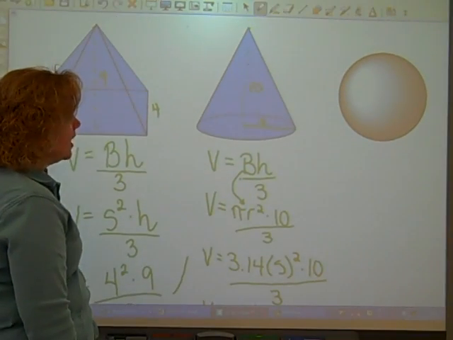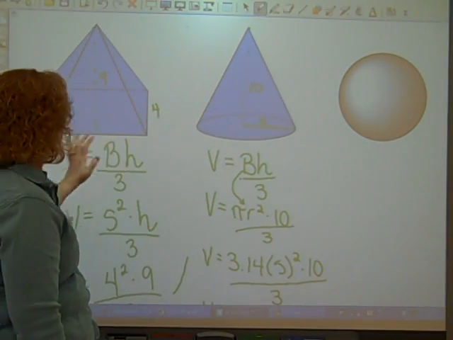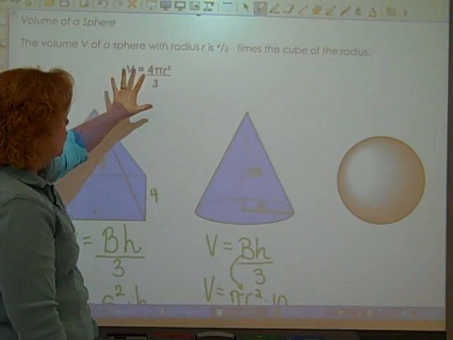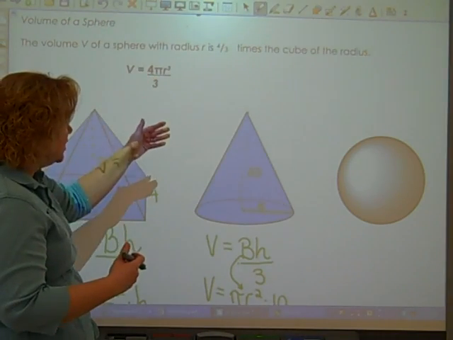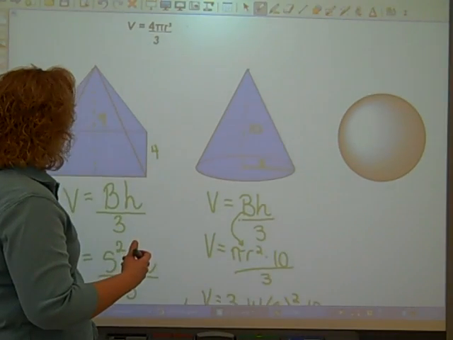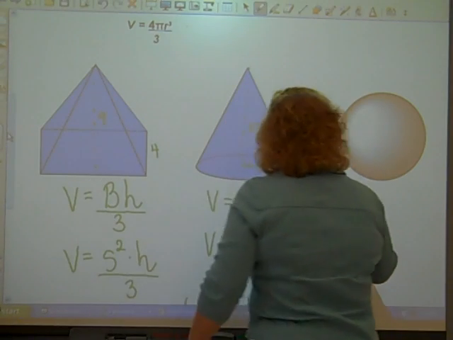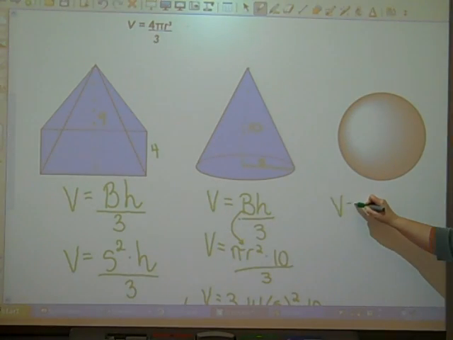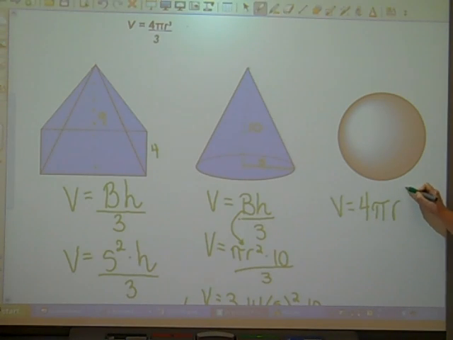Okay, last one is a sphere. Again, this is just a formula. Write your formula down, plug in what you know. So in this case, my formula is volume equals 4 times pi times radius cubed. Be careful on that. Everybody always wants to put squared because that's what they're used to doing. Divided by 3. Let's say that our radius is 12.